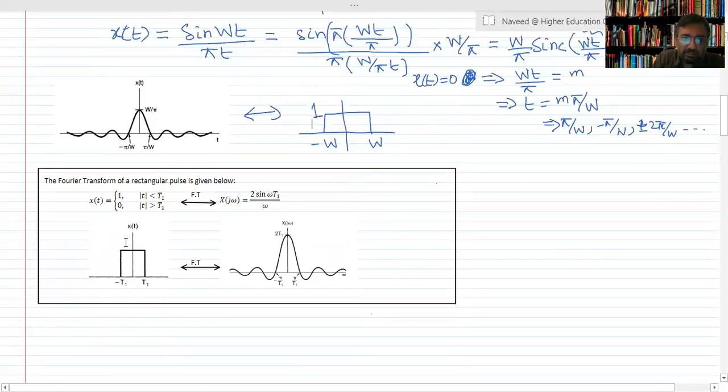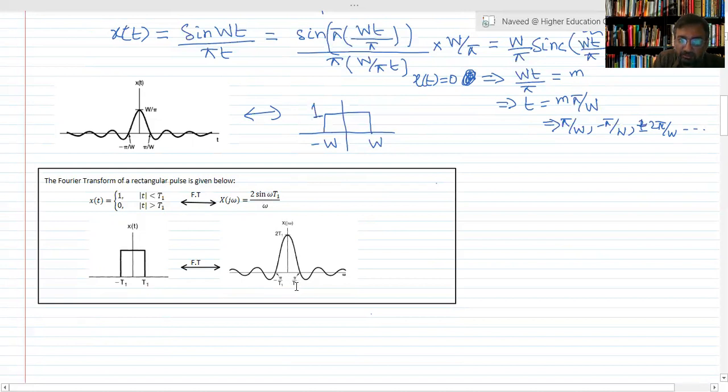Okay, so that's it. But let us discuss a few more important things. If we look at this function and its Fourier transform, let us try to change the width of this rectangular pulse and see how its Fourier transform changes. When we increase the width of this rectangular pulse, we are in fact increasing the value of T1. As we increase T1, we see an inverse relation here.